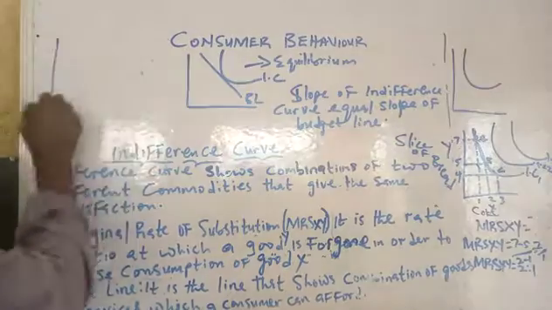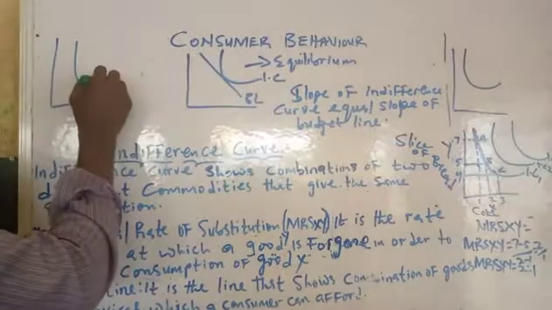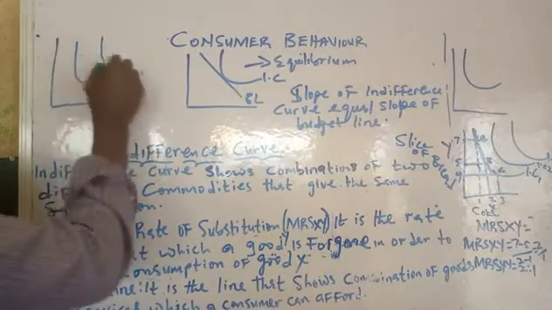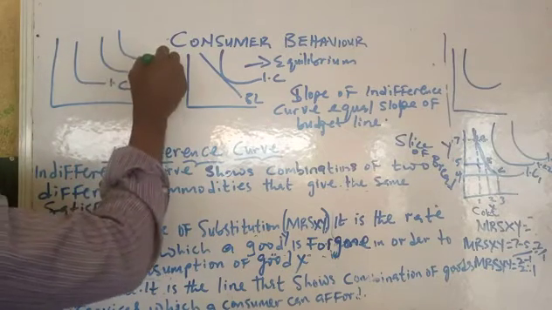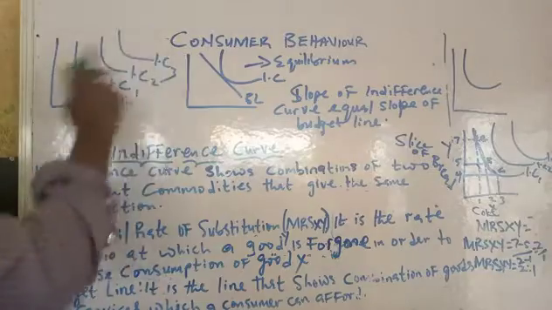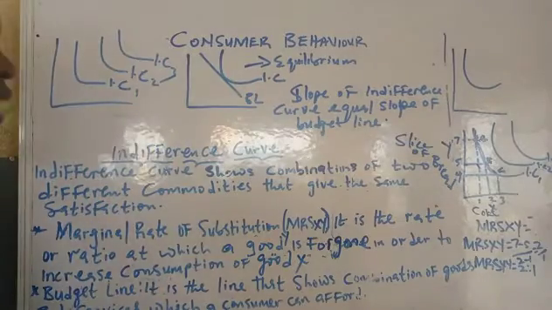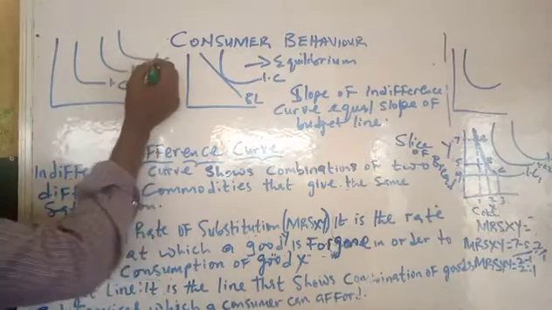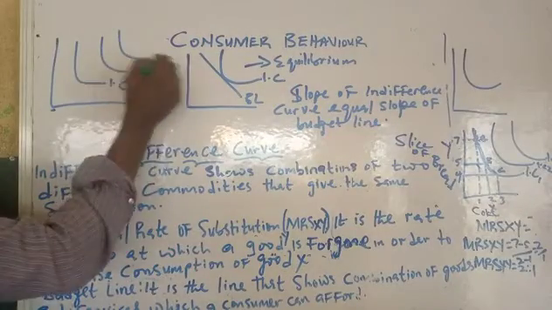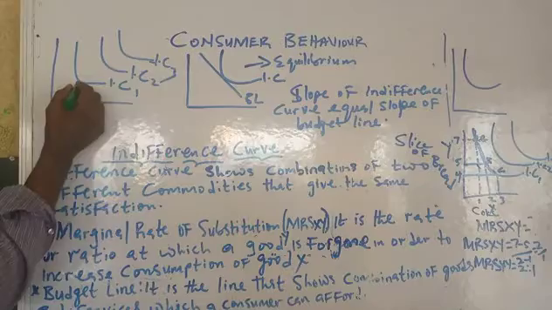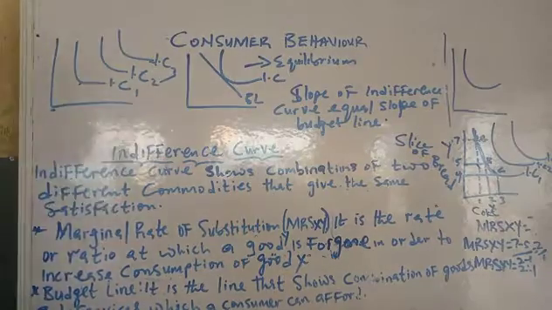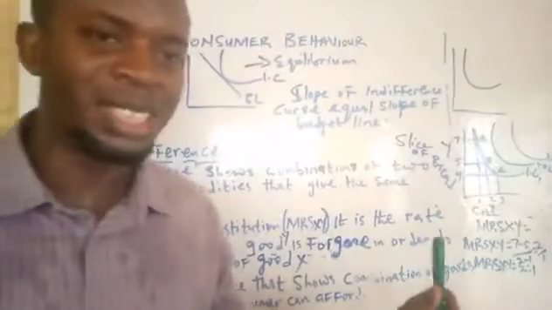For instance, this is indifference curve 1, another indifference curve 2, another indifference curve. So when you have more than one indifference curve on a graph, you call it an indifference map. And the one that is farthest from the origin, which is IC3, gives highest satisfaction. And the one that is closest to the origin gives lowest satisfaction. Do you understand that?